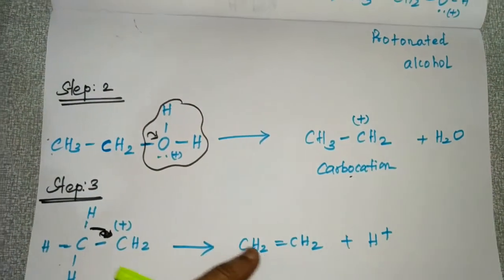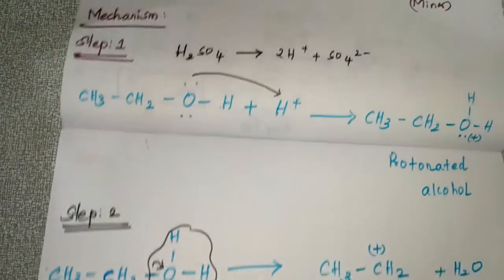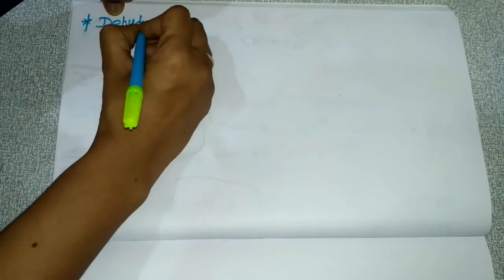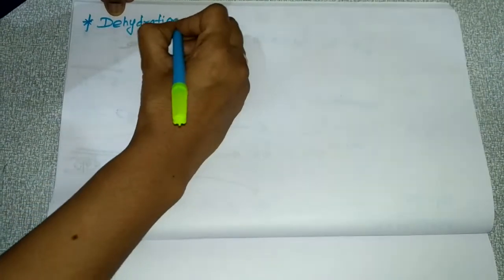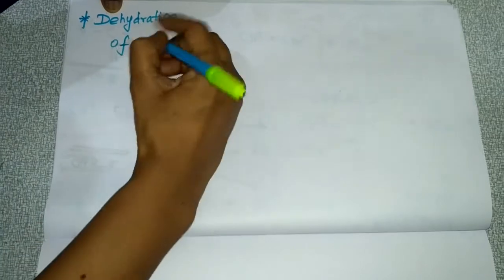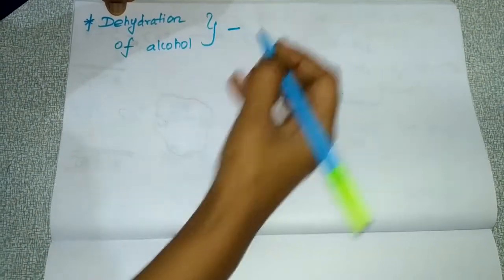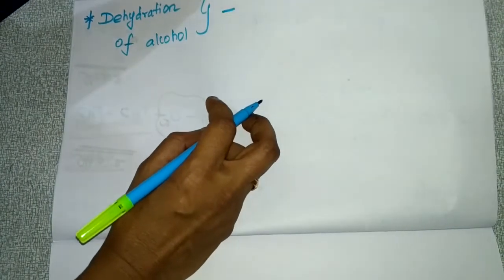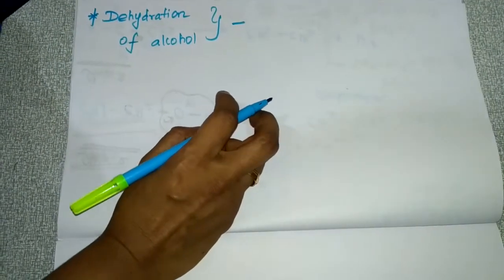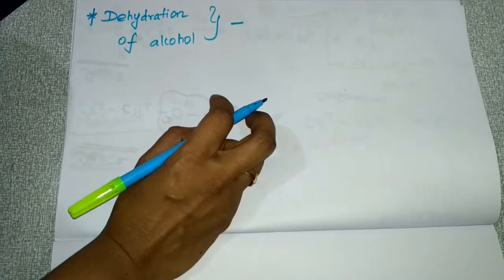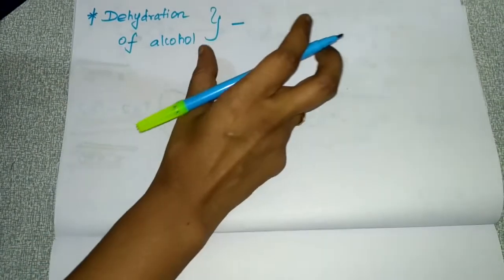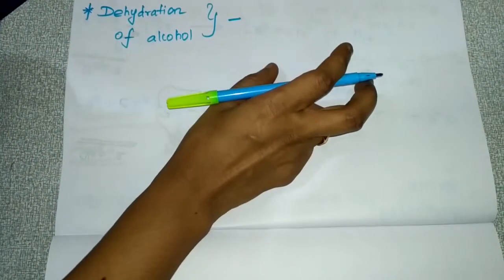Okay, so in this dehydration of alcohol, please make a note of these points. Don't forget this. Dehydration of alcohol depends upon the stability of the carbocation which is formed in step 1.